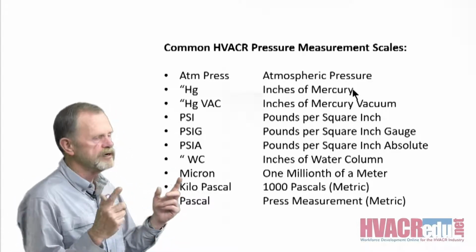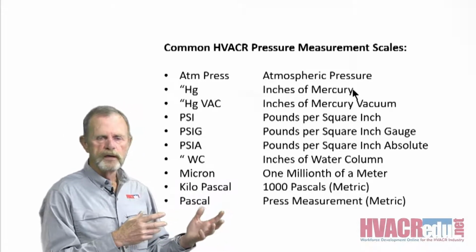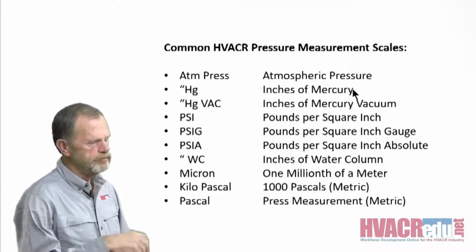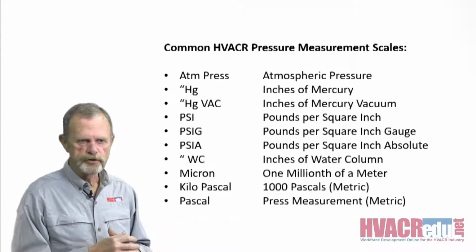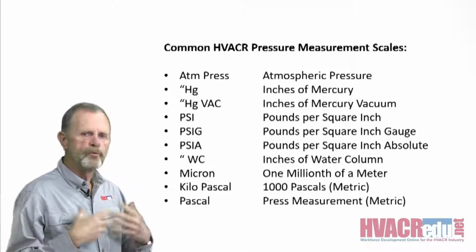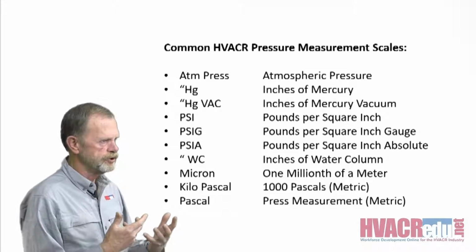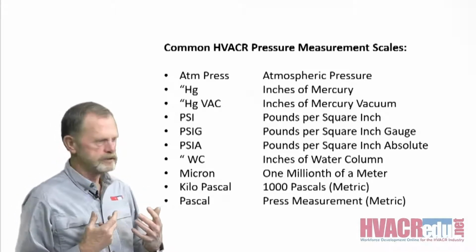If you're looking at the Weather Channel or your local weather report, they always say the pressure today is 28.3 inches of mercury. That's more of a meteorological measurement, but we use it too, for different things.